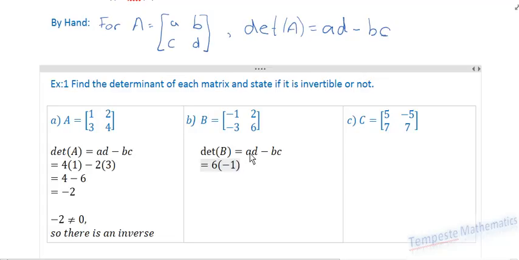I've written them in that order so that I can put the negative 1 in brackets, minus 2 times negative 3. Simplifying this, we get negative 6 minus negative 6, which is negative 6 plus 6, or 0.